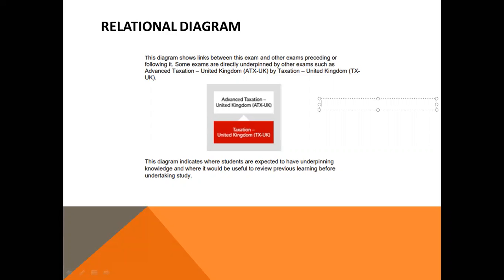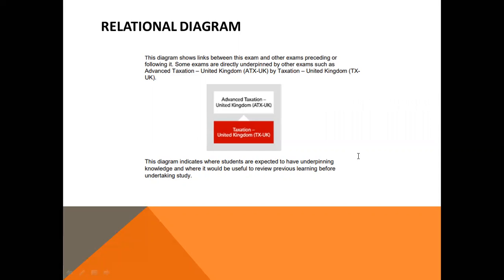What does this mean? In F6, the examiner's focus was on calculation, but at the level of advanced taxation, the examiner's focus is mainly on commentary, discussion, report writing, letter writing. The examiner is assuming that after passing this paper, you will be in a position of tax consultant in any company.